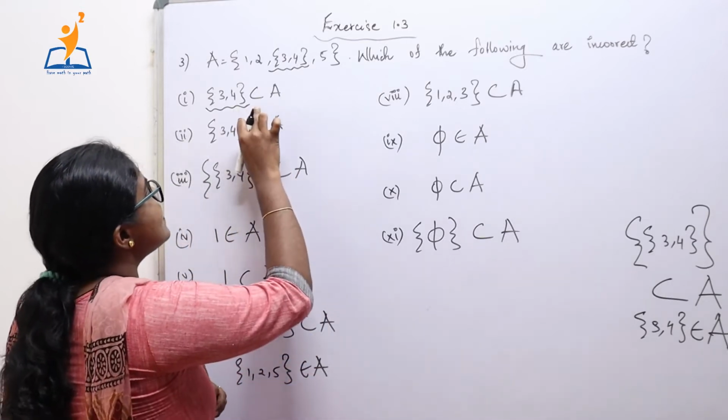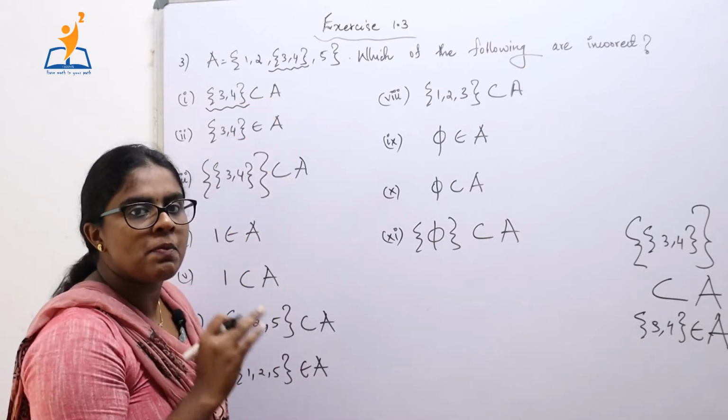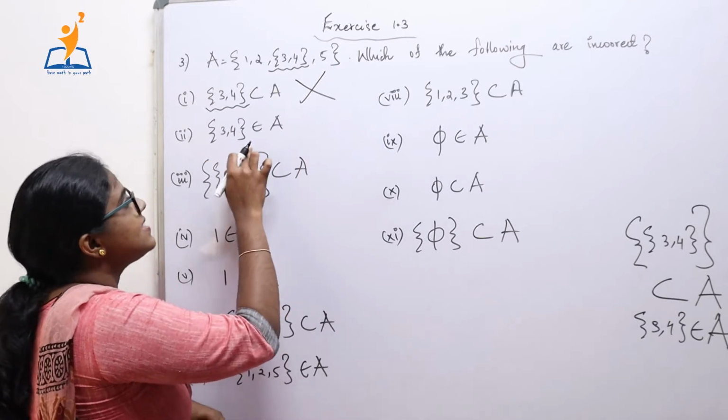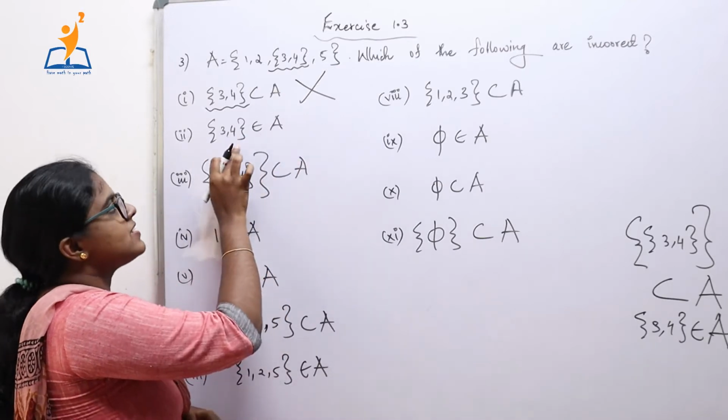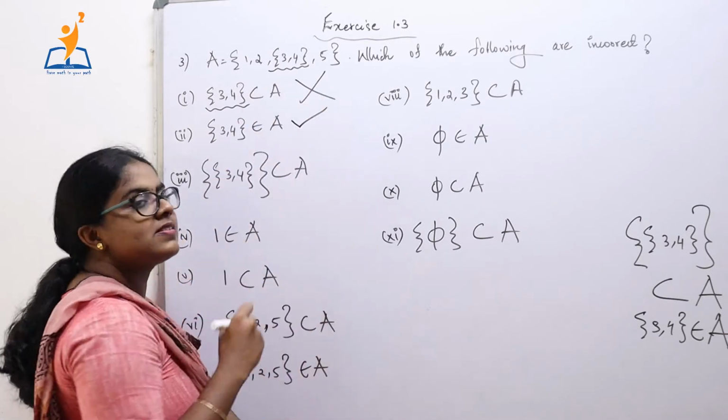So in this question, {3, 4} is a subset of A. That particular statement is incorrect, and {3, 4} belongs to A, which means {3, 4} is an element of A, is a correct statement.